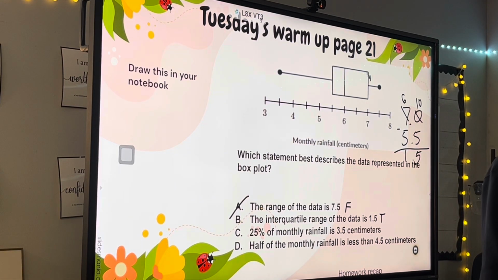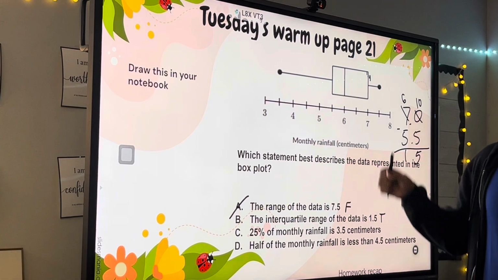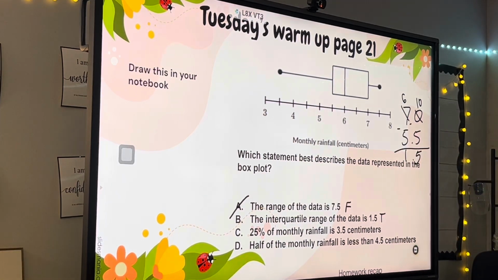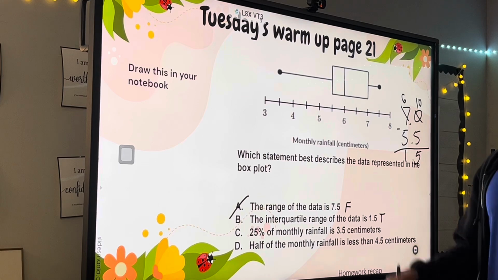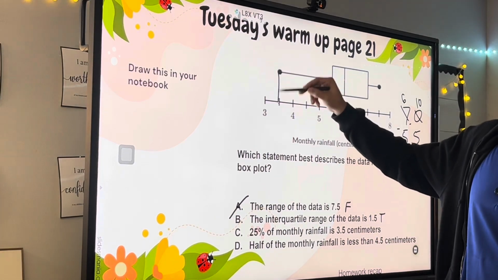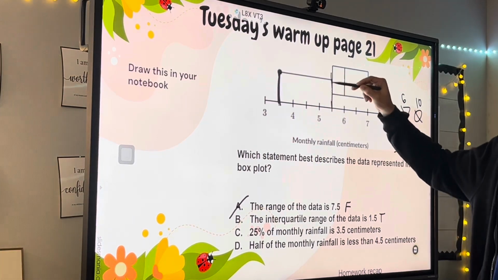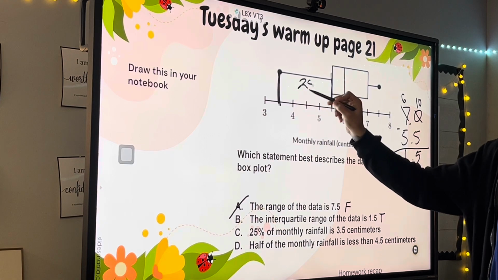From what to what is 25%? Okay, so from minimum, yes, all right. From minimum to quartile 1, yes, all right. So that means from the minimum here to quartile 1.